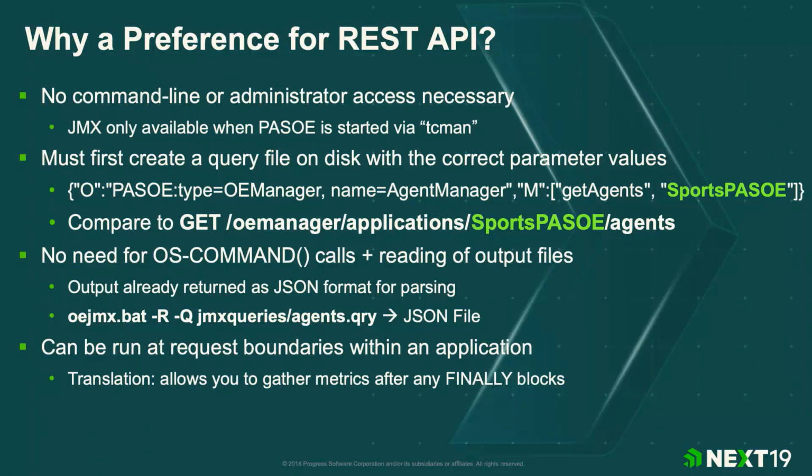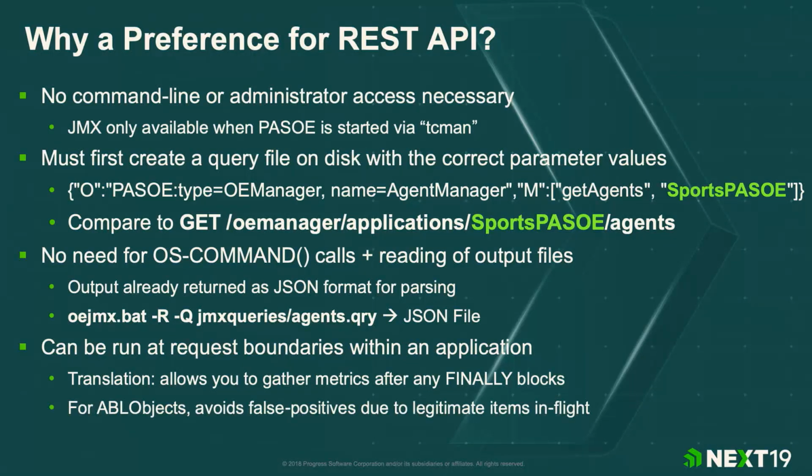Any finally blocks have run for your code. You are at the application boundary. So any data that you obtain from the system at this point, as long as you're calling for that same session on which you're running, should be a list of objects that have been completely cleaned up. If you see anything in there, then something's probably leaking.